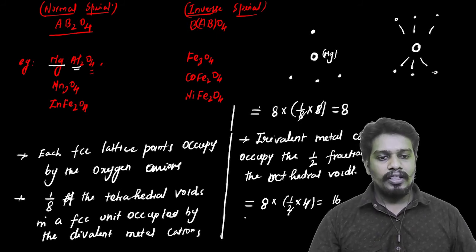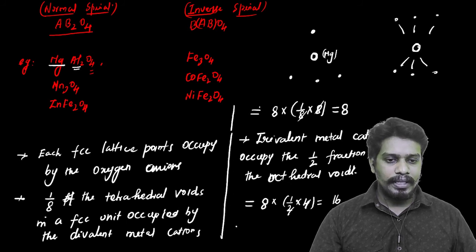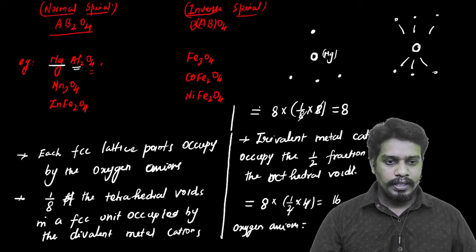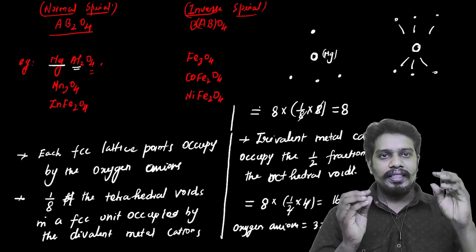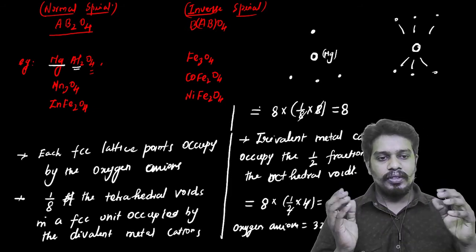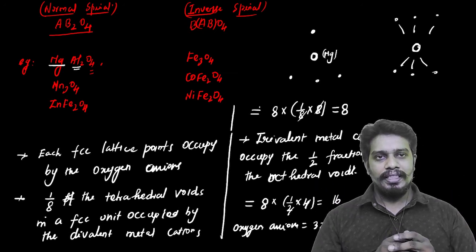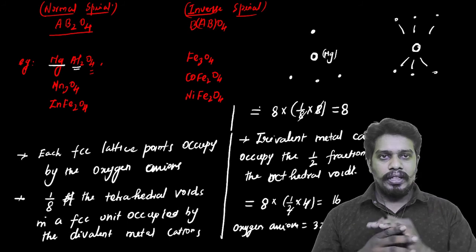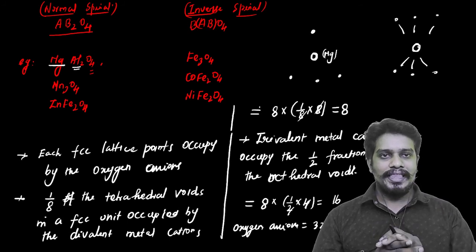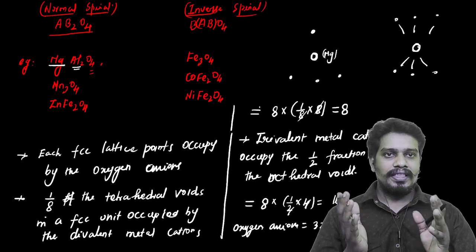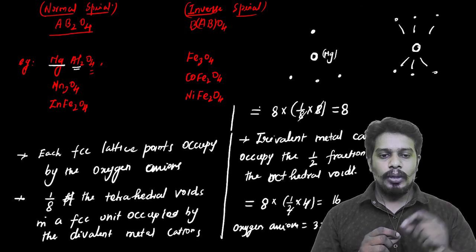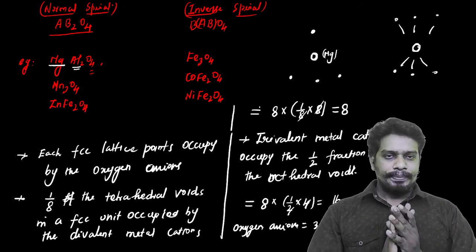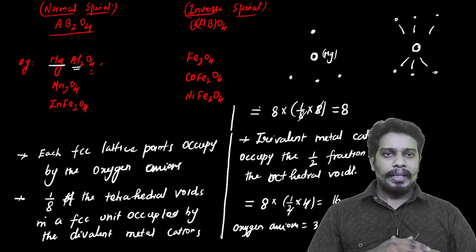Then one can easily tell how many oxygen anions there will be. The oxygen anion count is equal to 32, because the oxygen anions occupy only the FCC lattice sites. There are 8 FCC, and each FCC has 4 atoms per unit cell, so 4 oxygen anions per FCC.